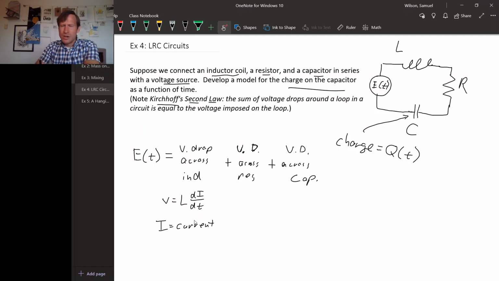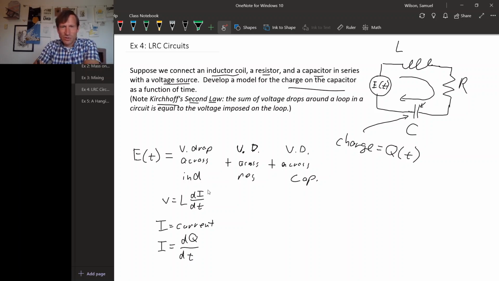But one note about this particular situation: the current is charged particles flowing through this circuit, but any charged particles that flow through the inductor and resistor accumulate on the capacitor, and that changes the charge on the capacitor. So in this situation, the current is actually just the rate of change of the charge on the capacitor.